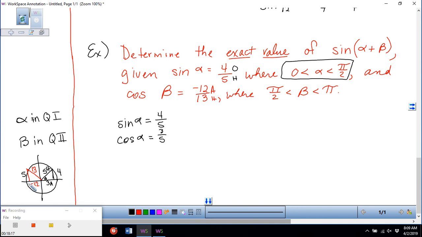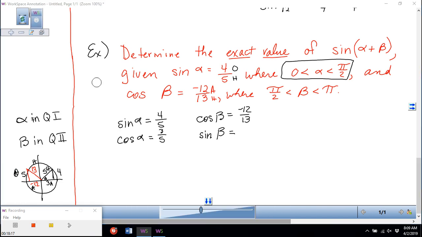Now in the second quadrant, sine is positive. So the 5 has to be positive because it's going up. So again, we already know the cosine of beta is negative 12/13, and the sine of beta is going to be 5/13. So we do opposite over hypotenuse. So again, the sine is 5/13.